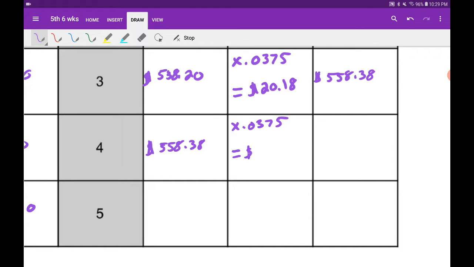And this one we're going to earn $20.93 in interest. Add that $20.93 to our 558. And we're going to get 579.31. So beginning year 5, 579.31. We're still not beating our simple interest at 580.